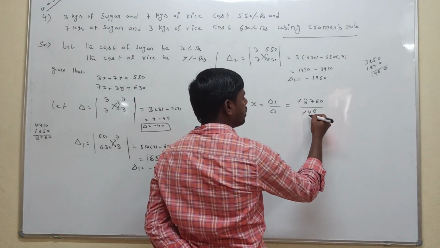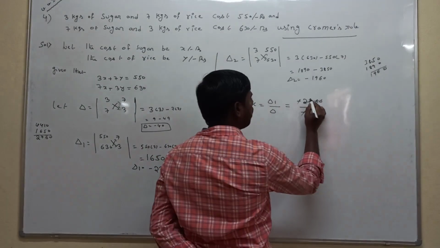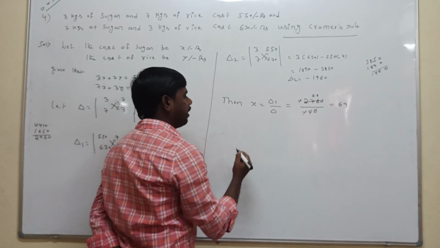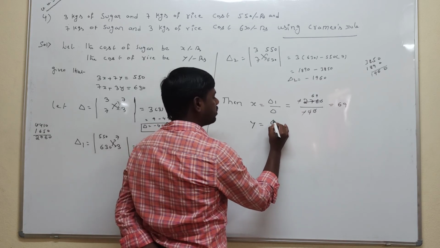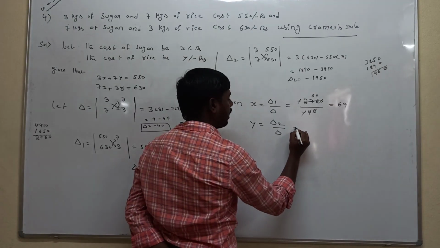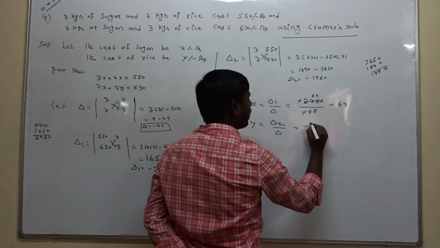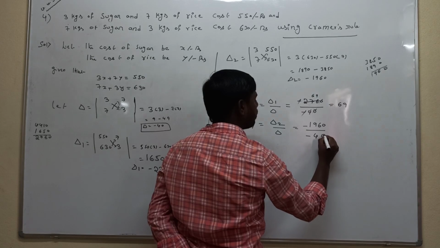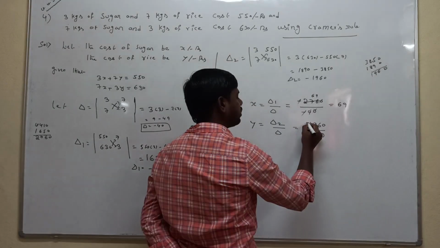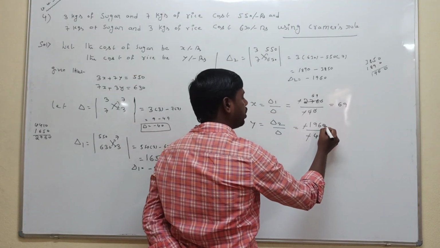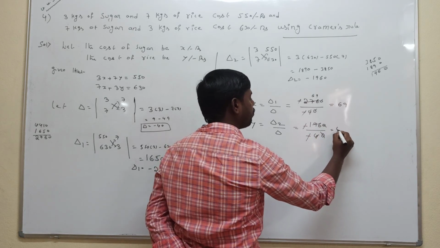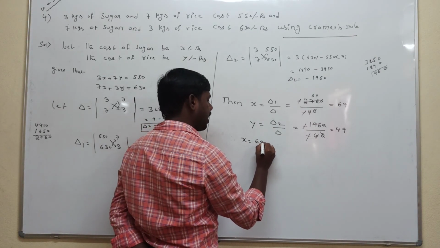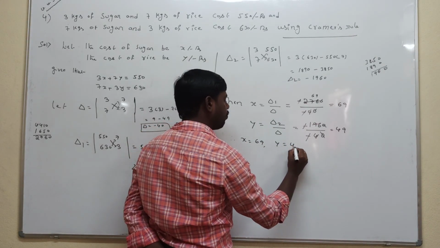Minus and minus get cancelled, 0 and 0 get cancelled, 4 into 6 is 24, 4 into 69 is 276. So the x value is 69. Next, the y value condition is delta 2 by delta. Delta 2 value is minus 1960 by delta value minus 40. Minus and minus get cancelled, 0 and 0 get cancelled, 4 into 49 is 196. So finally we get x equal to 69 and y equal to 49.